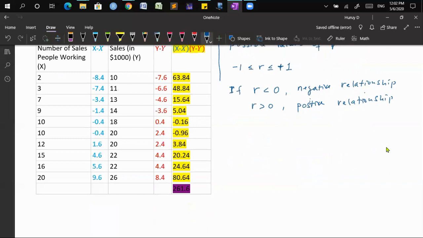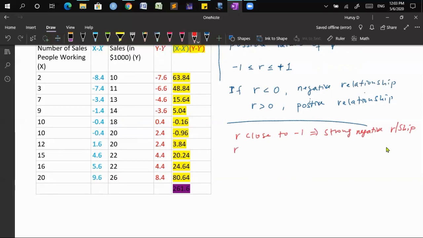We have some boundaries, but usually if R is close to -1, then there is a strong negative relationship. I will put it in short, the relationship.